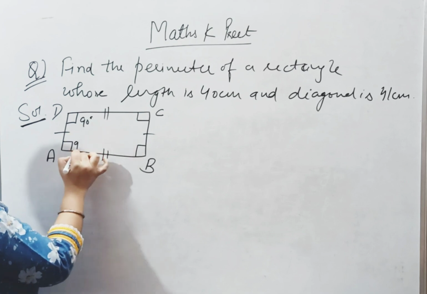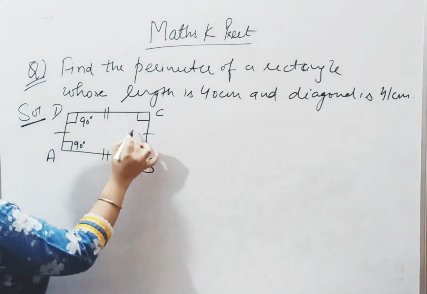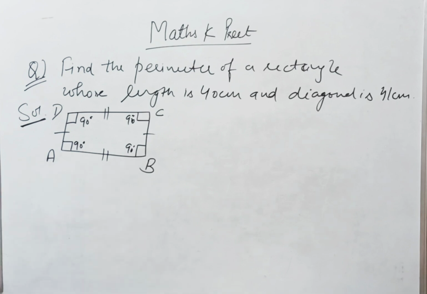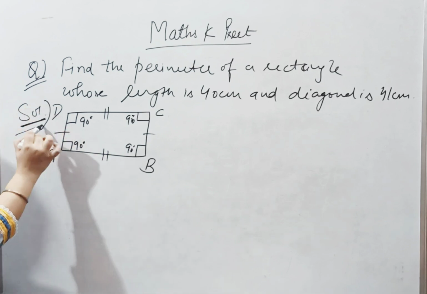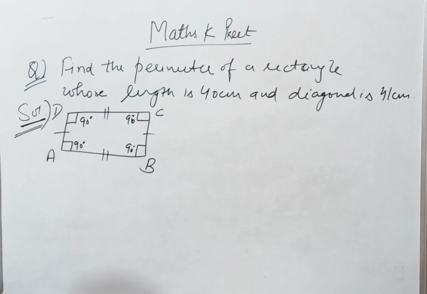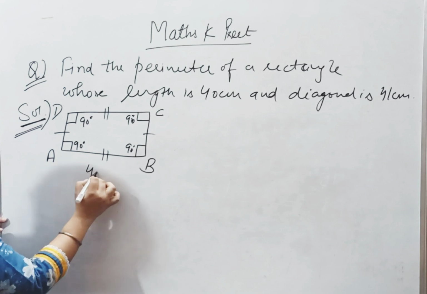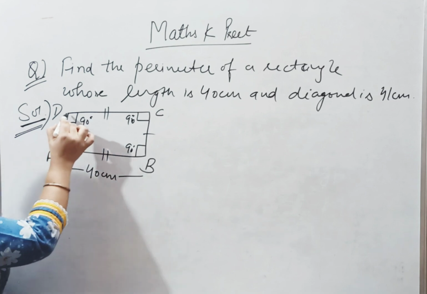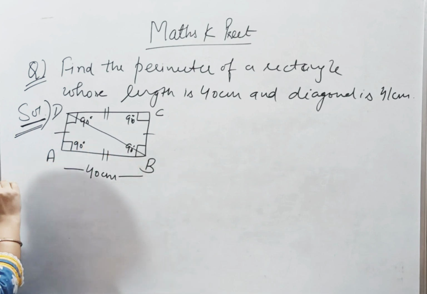So this is the property of a rectangle or definition of a rectangle. So ABCD is a rectangle I have drawn. It's saying length is 40 centimeters. So it is given that this is the length, this is 40 centimeter, and diagonals are what?